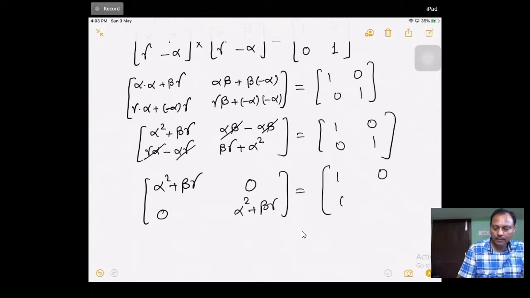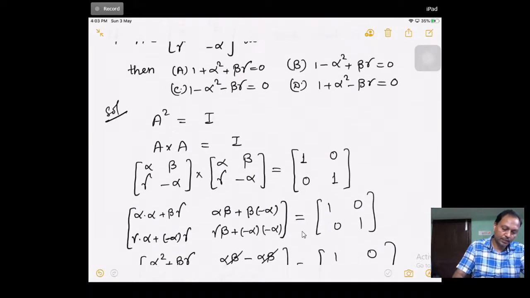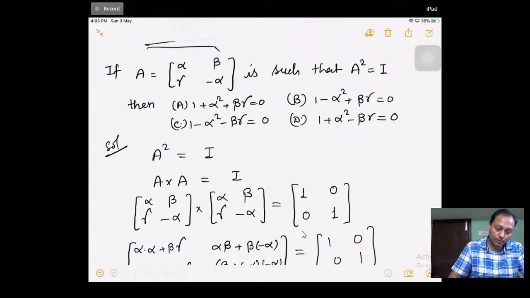Now we can observe that these two matrices are comparable matrices and equal matrices. If these are equal matrices, then we can compare the corresponding elements. Here the diagonal elements are the same, here also the same, in the unit matrix. So compare these. So alpha square plus beta gamma is equal to 1. So we can say that alpha square plus beta gamma minus 1 is equal to 0.